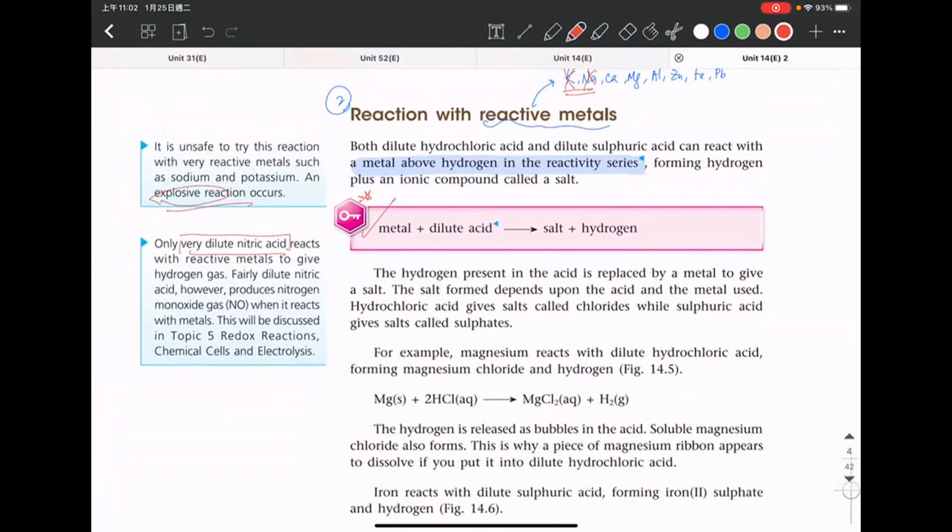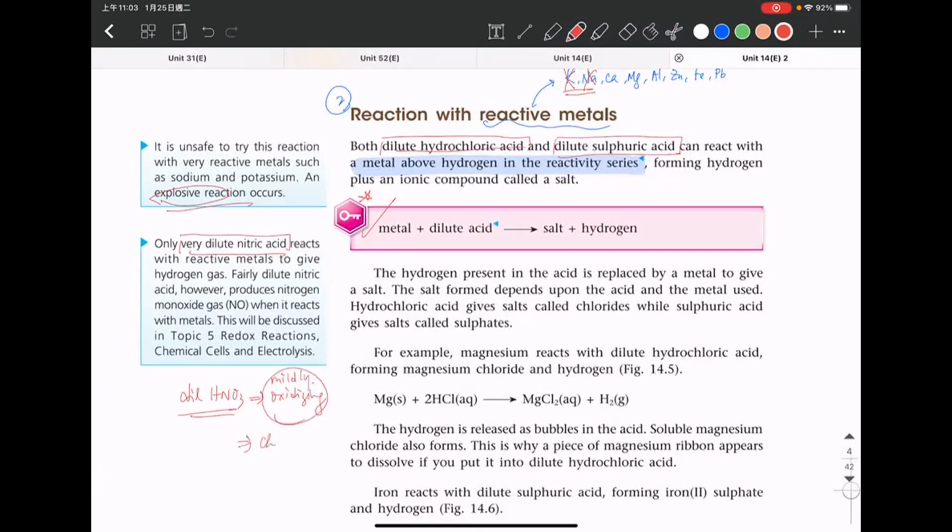If you want to talk about the common properties of acids, they are dilute hydrochloric acid, dilute sulfuric acid, and very dilute nitric acid. Those three have similar chemical properties. But dilute nitric acid is another thing because it is quite oxidizing, so we call it mildly oxidizing.